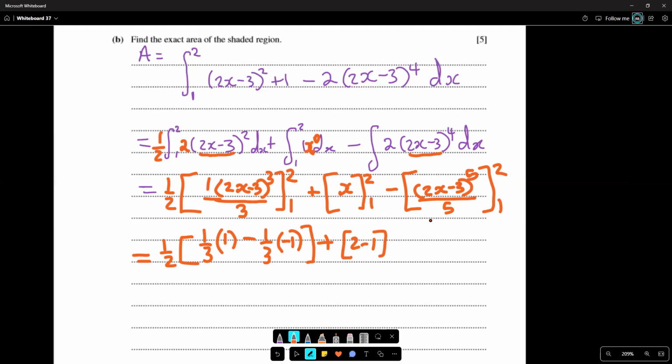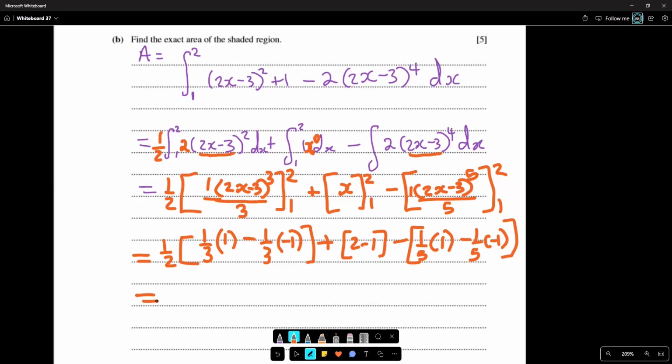Right. And then here we're going to have, remember there's a 1 here, so you have 1 over 5. And then what do we get when we substitute 2 here? We get 1 minus 1 over 5. If you substitute 1 there, this part here will give you negative 1.